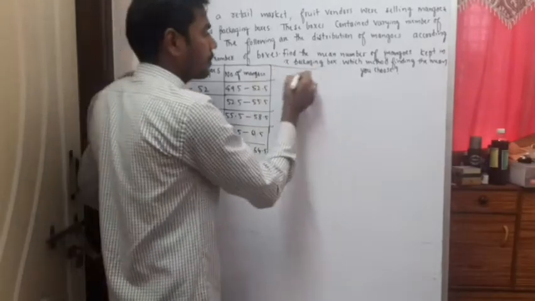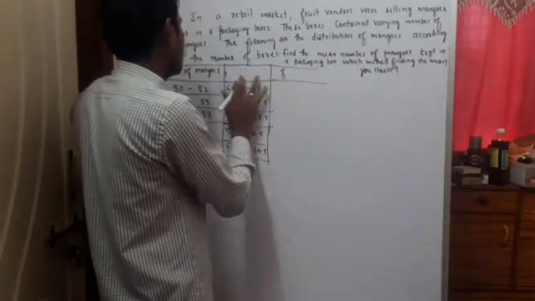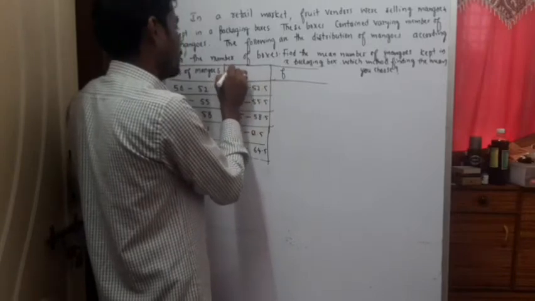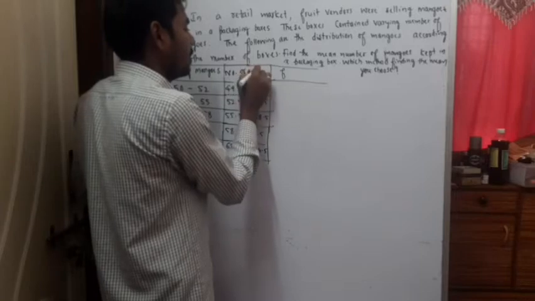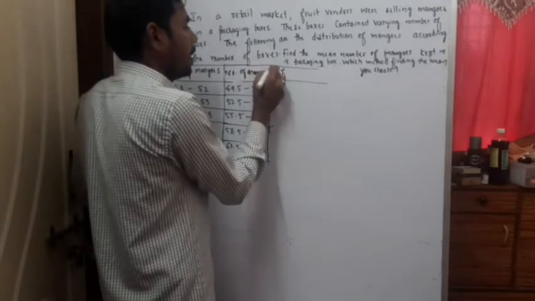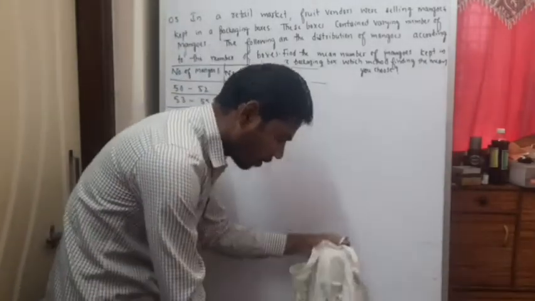Now next. Frequency means the number of mangoes, with continuous class intervals. Next is the number of boxes.